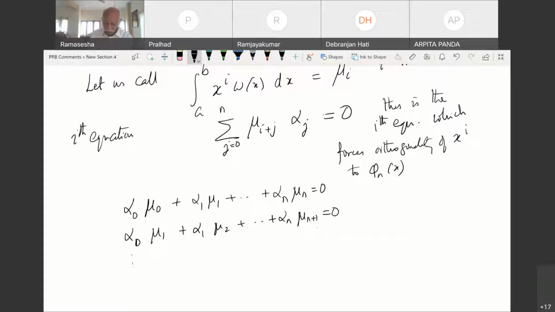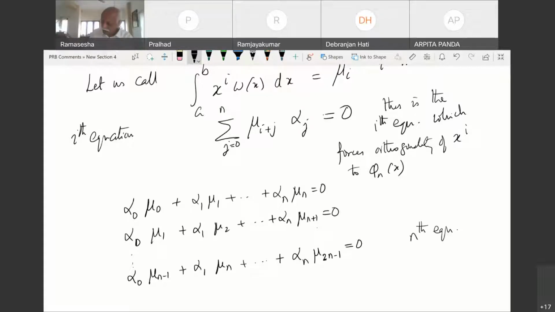And my n minus 1th equation, or nth equation, is alpha naught mu n minus 1 plus etc. plus alpha n mu 2n minus 1 equal to 0. This is the nth equation.